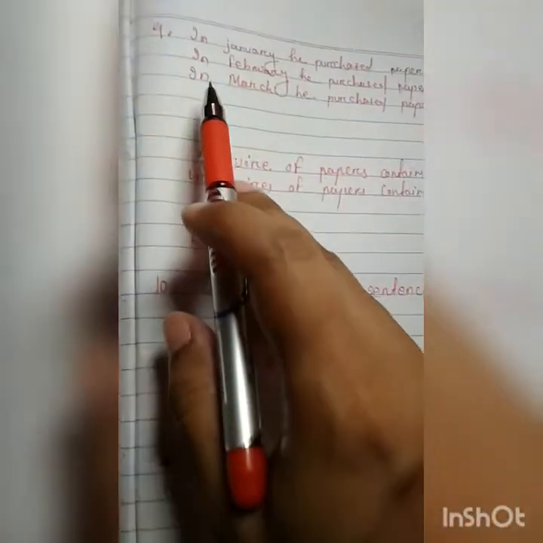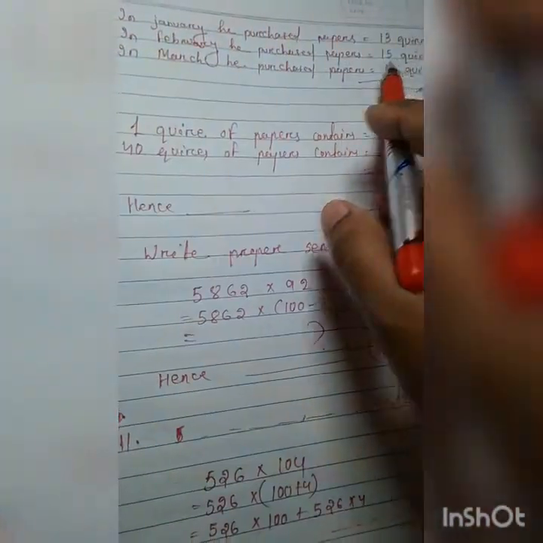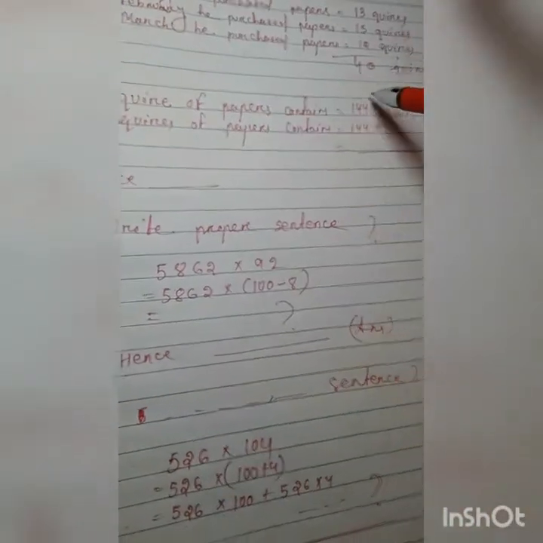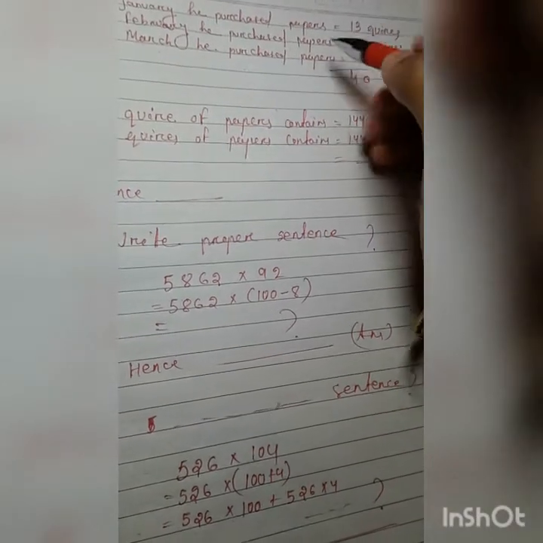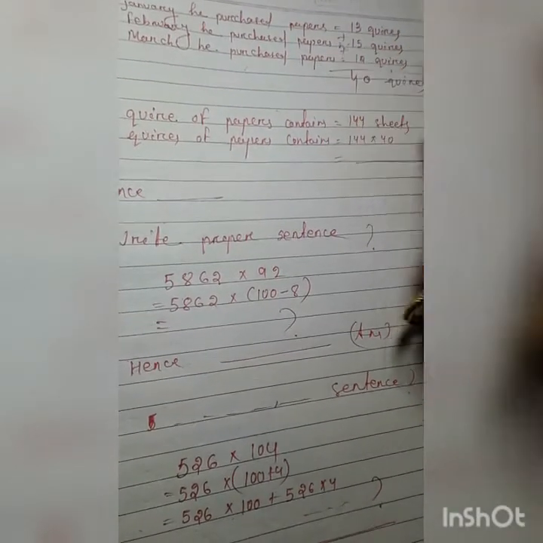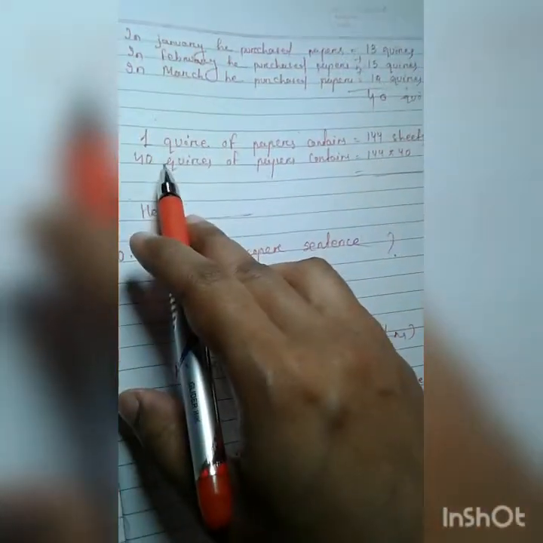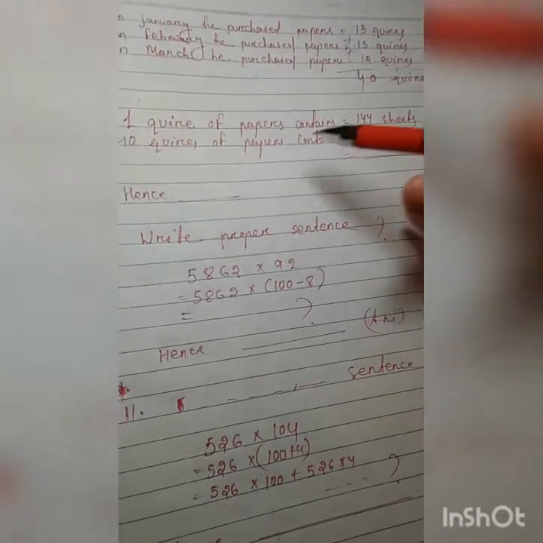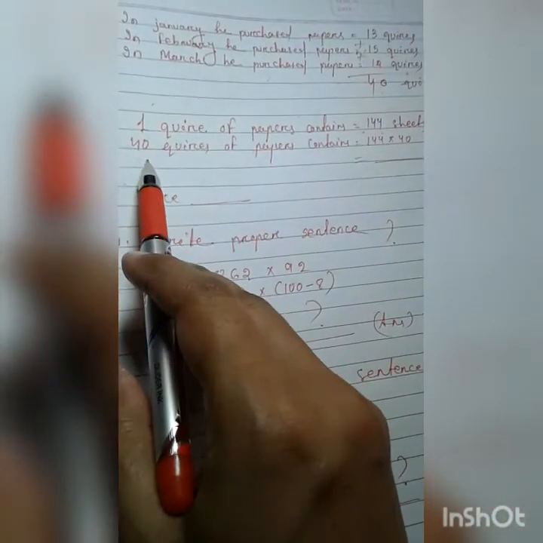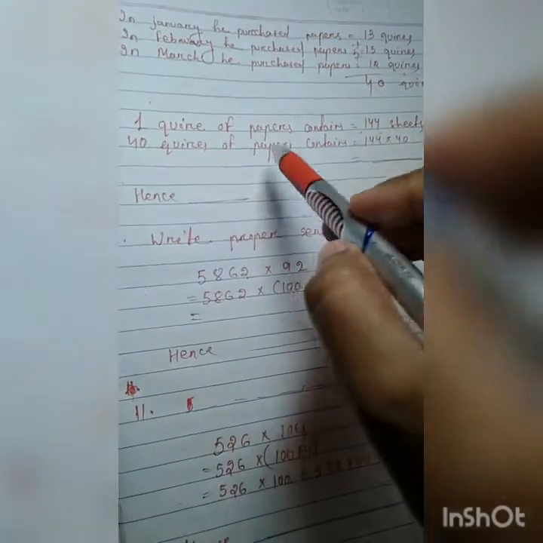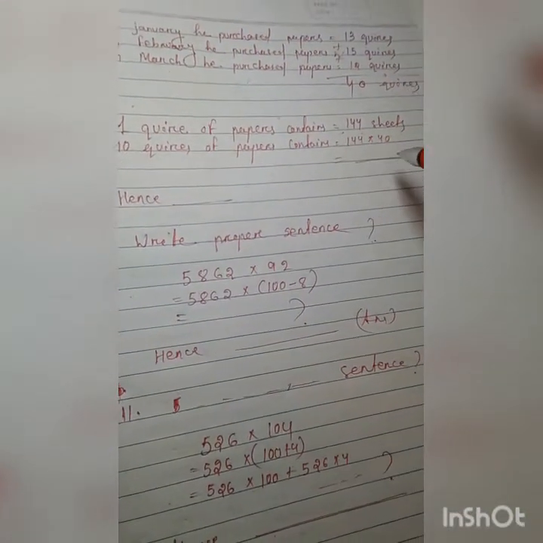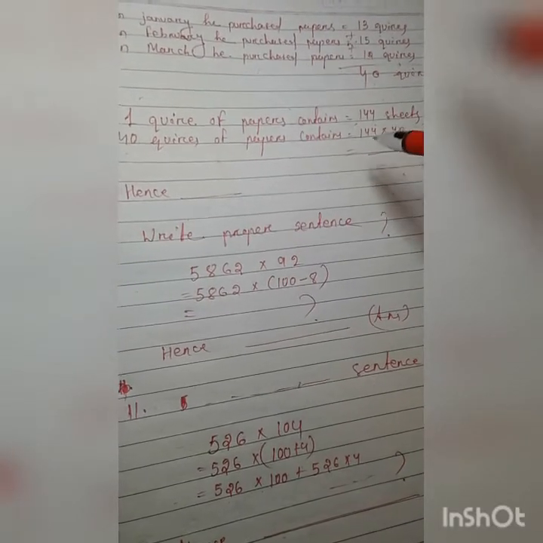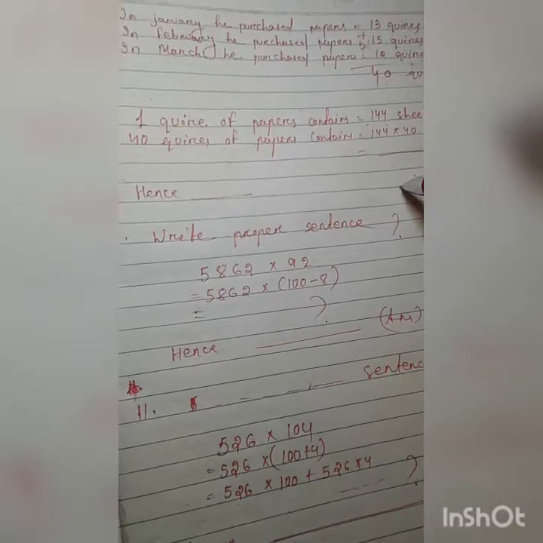See the solution. In January he purchased this much, in February this much, and in March this much. Then you add, put the addition symbol. Then one quire of paper contains 144 sheets as per our question. Then you have to find out how many sheets 40 quires of paper contain. Here you directly multiply. Don't use distributive law here.